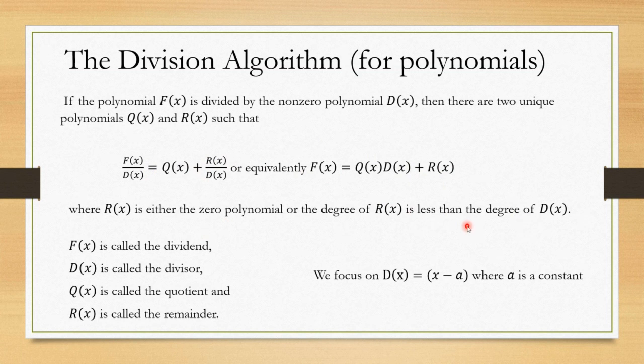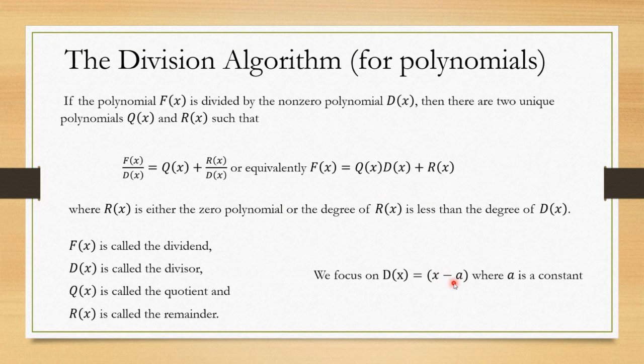With synthetic division, we're going to focus on when D of x looks like this. What's nice about that is, if you apply the division algorithm in that case, you can obtain two nice results that I did present last time. The remainder theorem basically tells you what the remainder is.